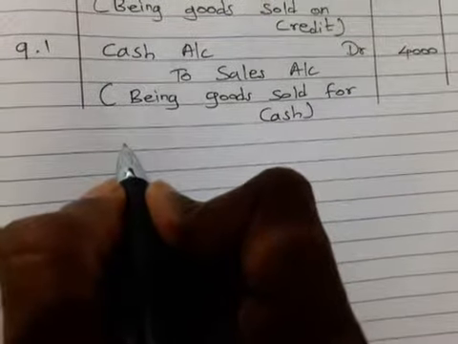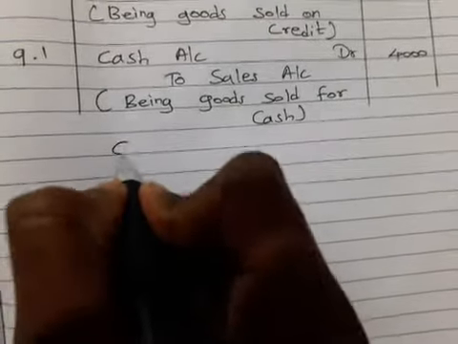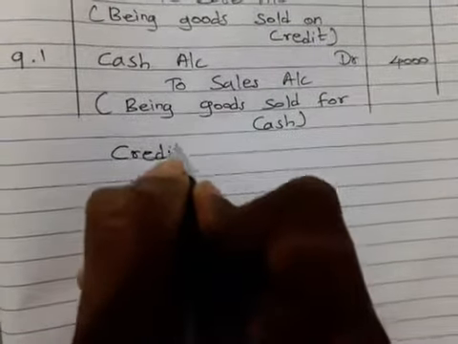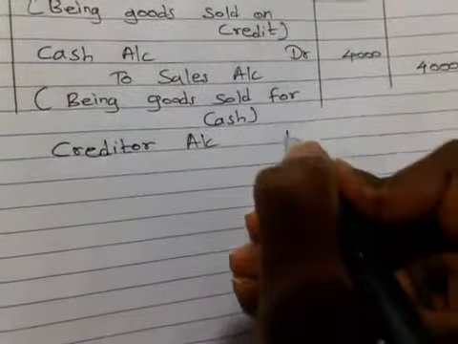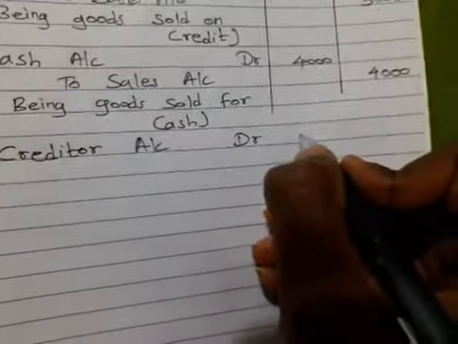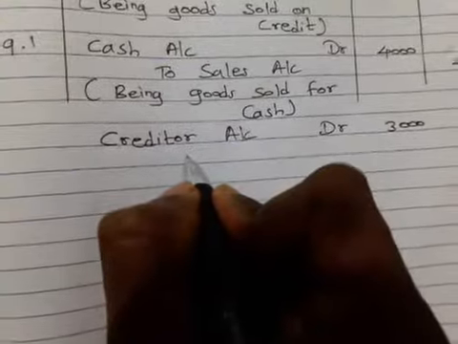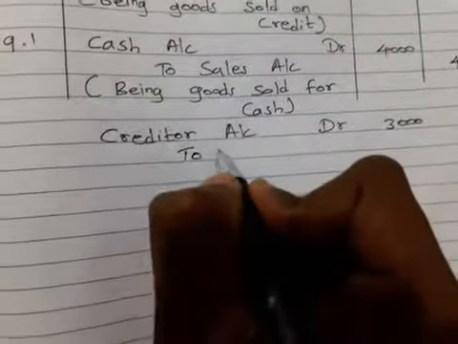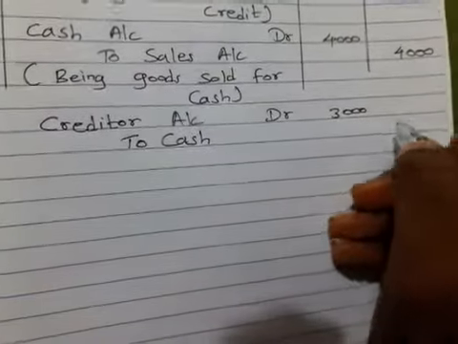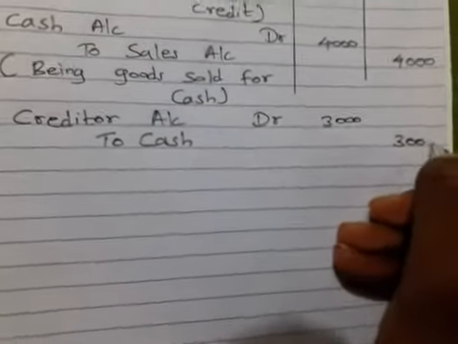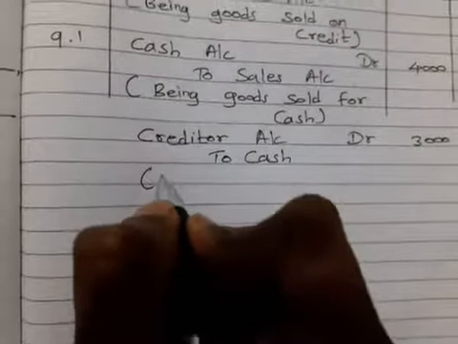When it reduces, we have to record the amount in debit side of creditor. We are paying cash, so it will reduce the cash. The narration.